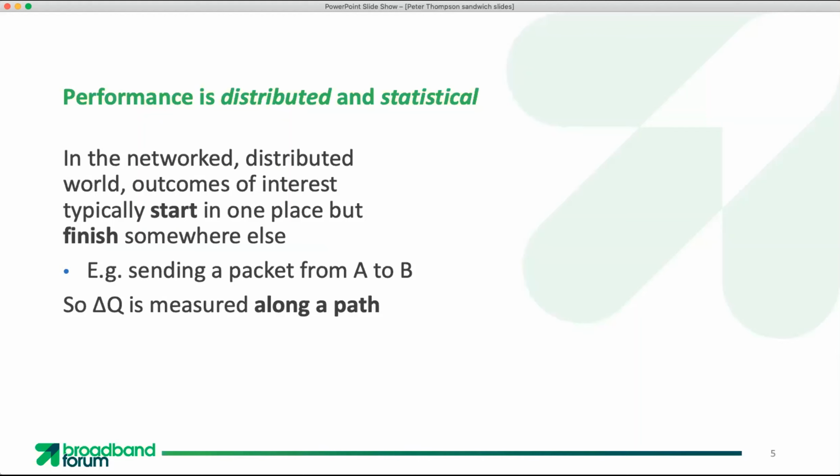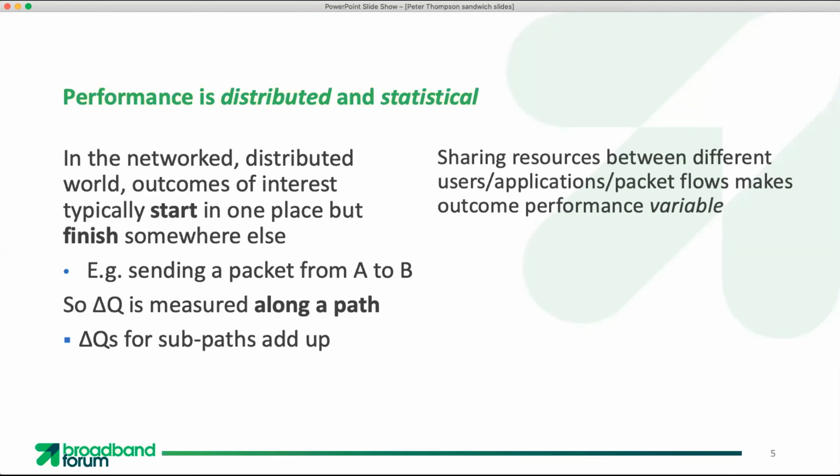Maybe you're counting the number of packets that go by or something like that. But the delta Qs for these subpaths add up. So delta Q has this useful property that we can add it up along a path. And that's very useful in practical cases that we'll look at in a little while.